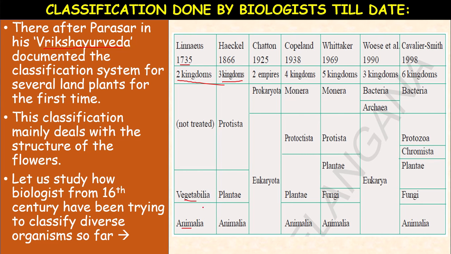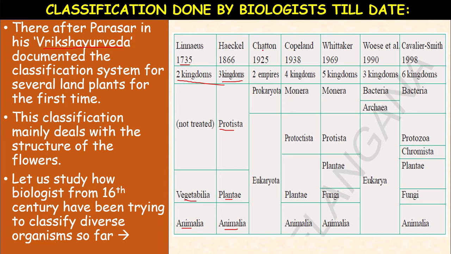What is the difference between the two kingdom and three kingdom classification? In the two kingdom classification, Linnaeus didn't separate the organisms which belong neither to plants nor to animals. He included everything and divided all living organisms into two kingdoms. But later, Haeckel divided all living organisms into three kingdoms, that is Protista, Plantae and Animalia.